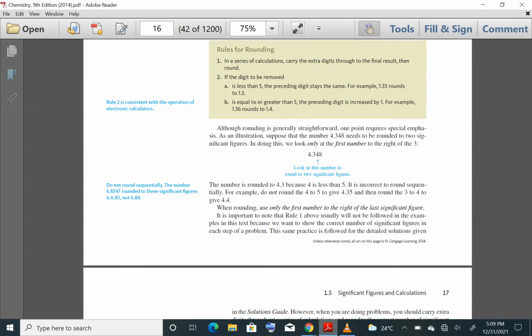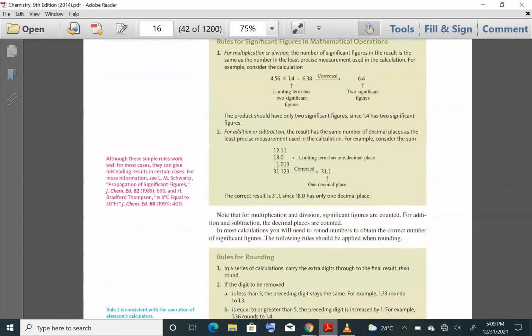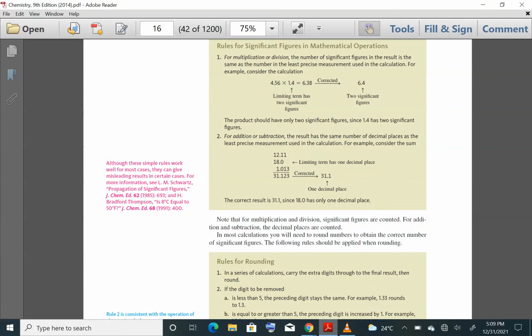Then the second rule: if for instance you are rounding off something and the digit to be removed is less than 5, the preceding digit stays the same. Let's look at the example we looked at earlier, 6.38, from the multiplication and division example, rounded to two significant figures.